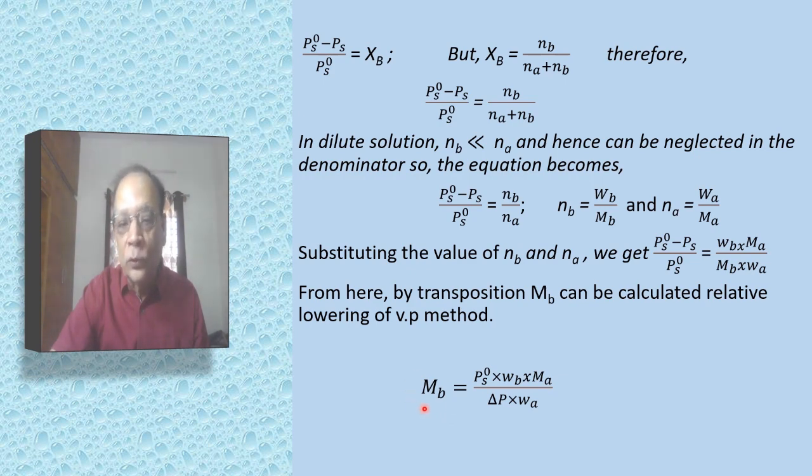Molecular weight of solute equals P0s into weight of solute multiplied by molecular weight of solvent, divided by the product of the difference of vapor pressure between the pure solvent and the solution multiplied by the weight of solvent taken. I hope this serves the purpose and makes things clear.